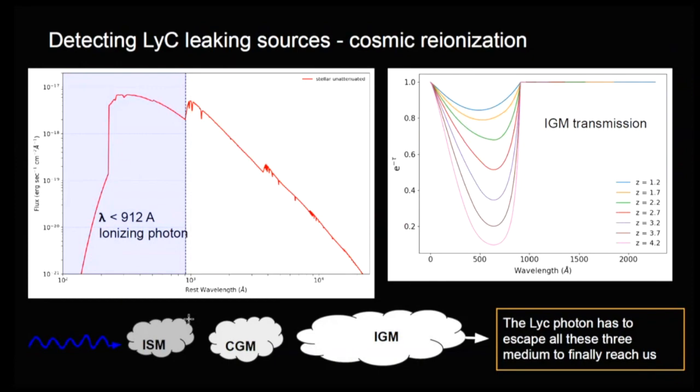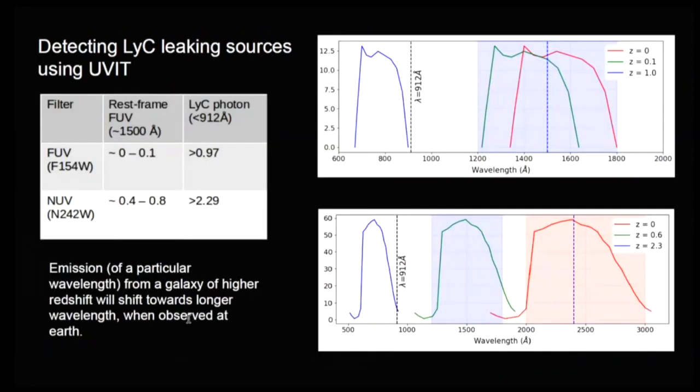Our first target is to use the far UV filter. At z=0, the far UV filter is sitting here. When you reach redshift 1, you can see the far UV filter entirely falls within the Lyman continuum range. So any detection of a galaxy beyond 0.97 redshift, with a good signal to noise, means you are actually catching the ionizing photons from those galaxies.